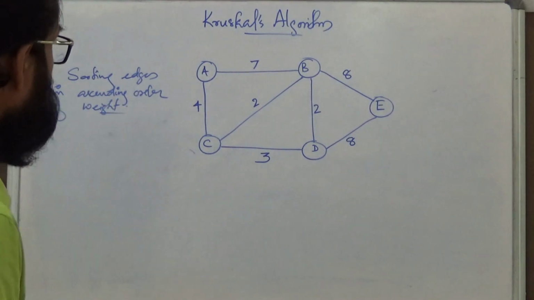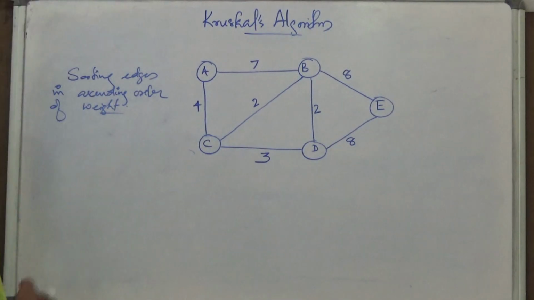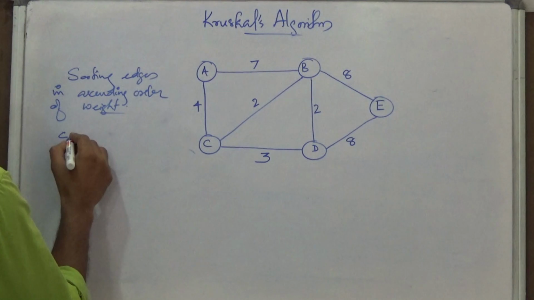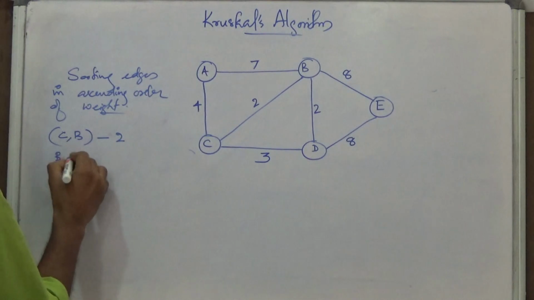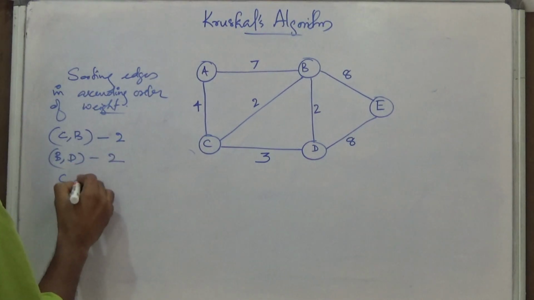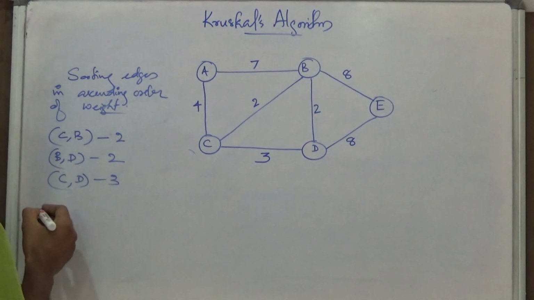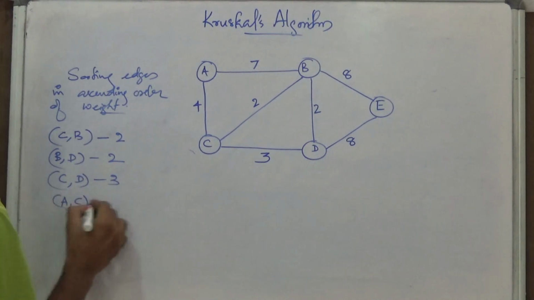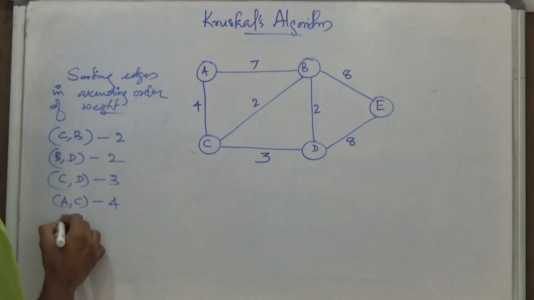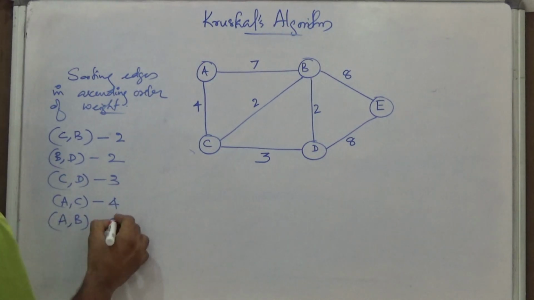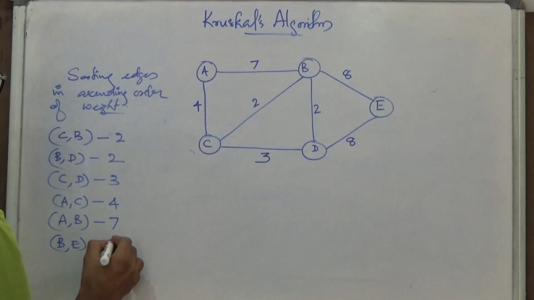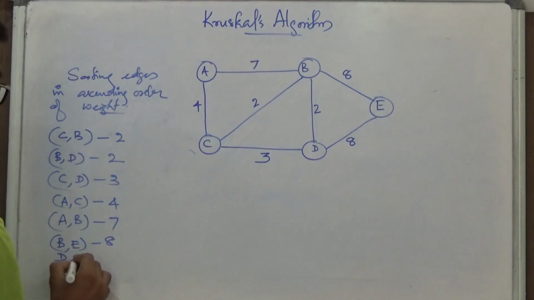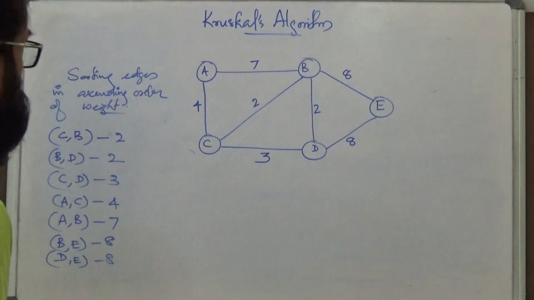So if I sort it in ascending order, the first edge could be CB whose cost is 2, next one is BD whose cost is 2, next one is CD whose cost is 3, then AC whose cost is 4, next one is AB whose cost is 7, next one is BE with cost 8, next one is DE with cost 8. So that is the first step.